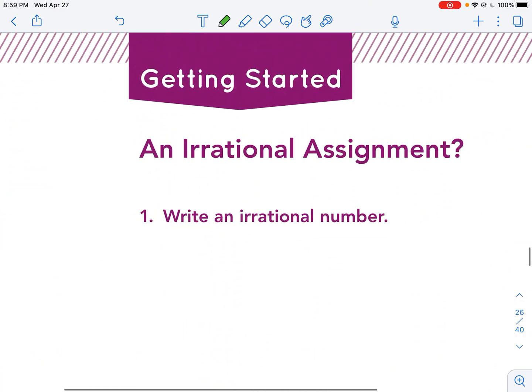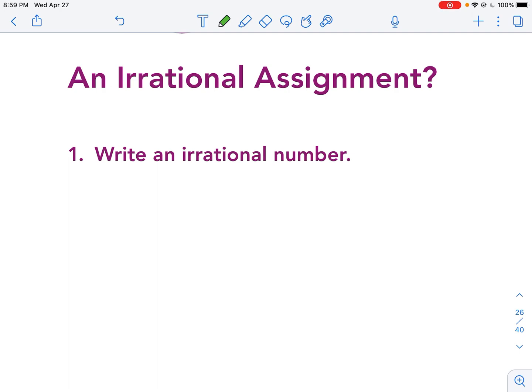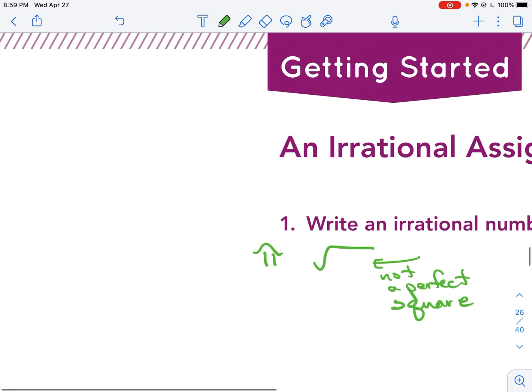Okay. So, write an irrational number. So that means that irrational number can be pi, and then it can be the square root of something that is not a perfect square. And some of you may be asking yourselves, what's a perfect square?